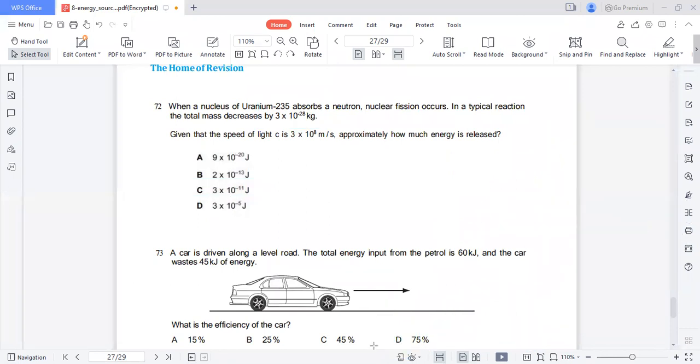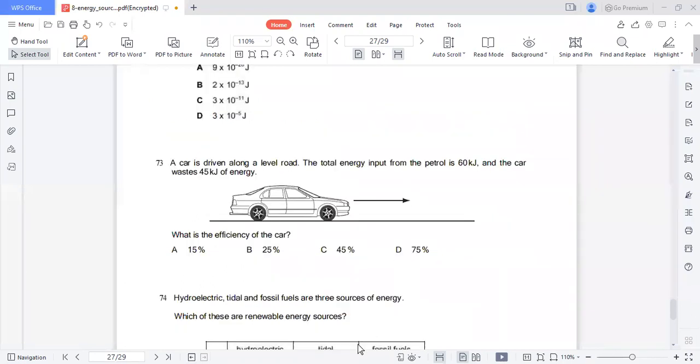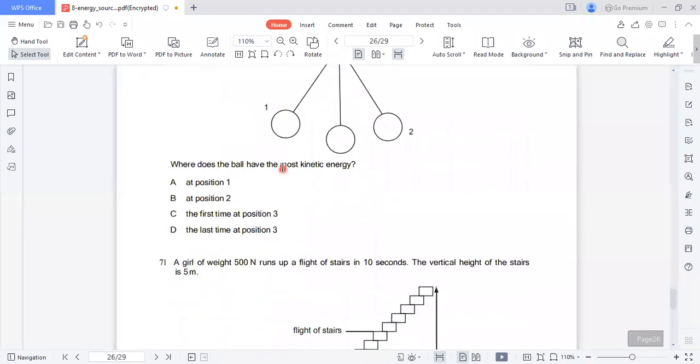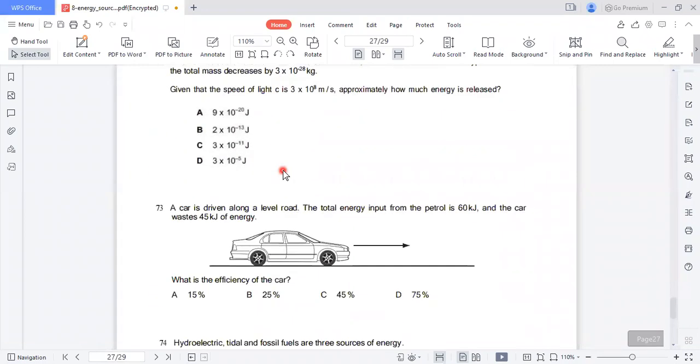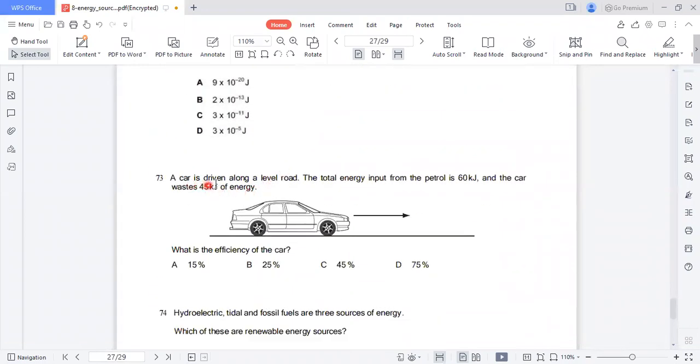Next is number 73. A car is driven along a level road. The total energy input from the petrol is 60 kilojoules, and the wasted energy is 45 kilojoules.